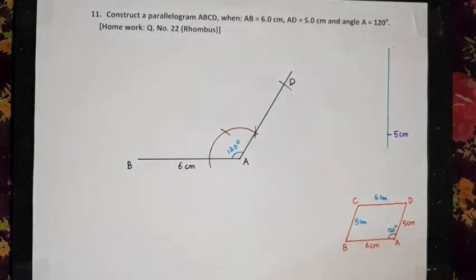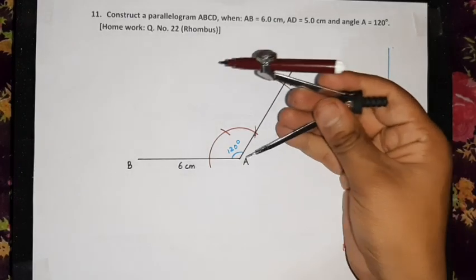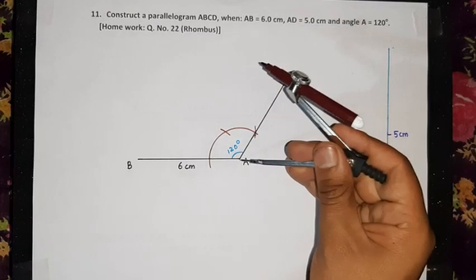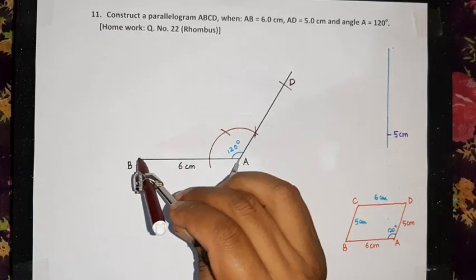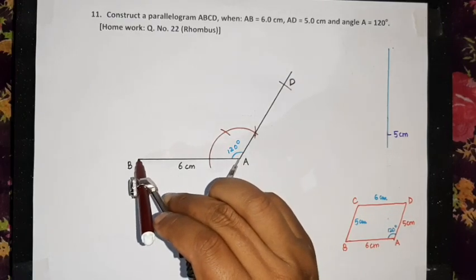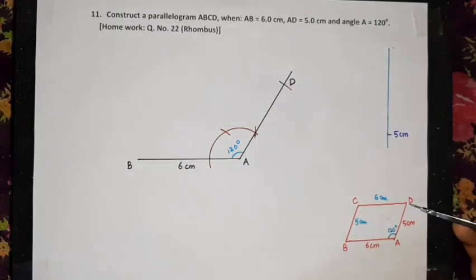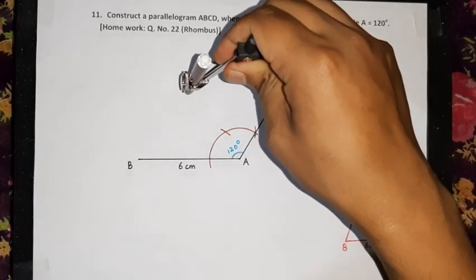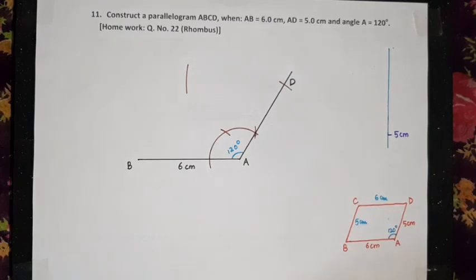Now from D we have to take a measurement of 6 centimeter. So let me take 6 centimeter measurement. 6 centimeter is already here, or else you can mark here as well. This 6 centimeter is coming from point D, so from D I am taking an arc of measurement 6 centimeter.